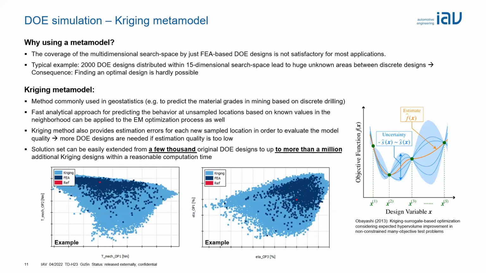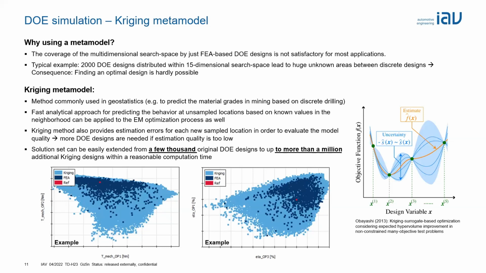The advantage of the Kriging method is that it also provides an estimation error for each new sampled location in order to evaluate the model quality. And based on that, it is possible to add more DOE designs if the estimation quality is too low.